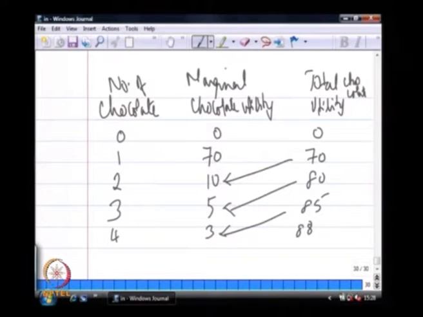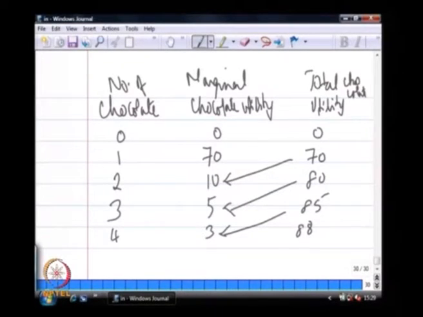Now, why is this happening? The pleasure of each additional chocolate bar will be less than the pleasure that I would have received from eating the one before, probably because I have a sense of feeling full, or I have eaten too many sweets for that particular day beyond the threshold.